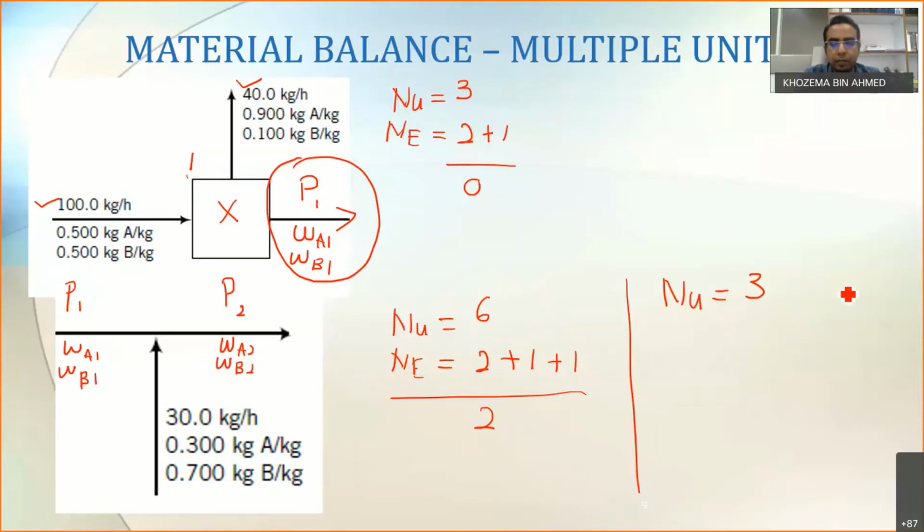So based on that, I can say that my degree of freedom is only 3. It's no longer 6 because these 3 values I already know. Now, if I do that, then my number of equations is equal to 2 for each species and 1 for the mass fraction relation. So here I have degree of freedom equal to 0. That is why it is important for you to define your system properly.